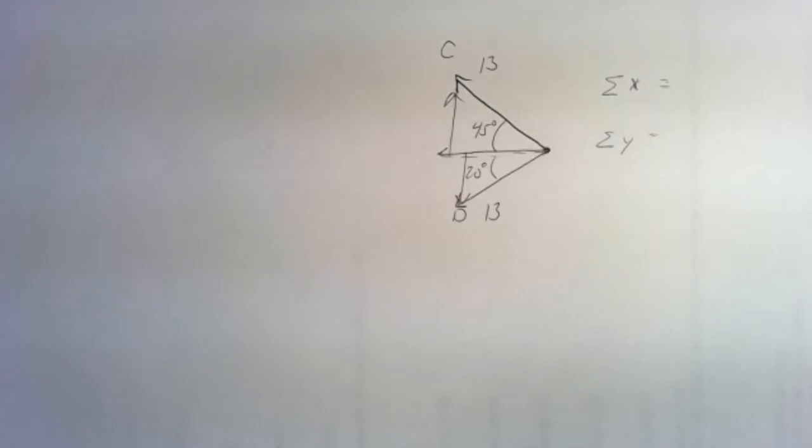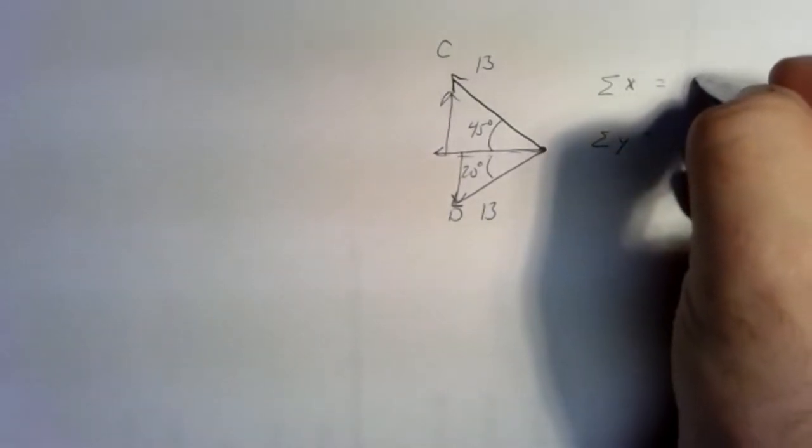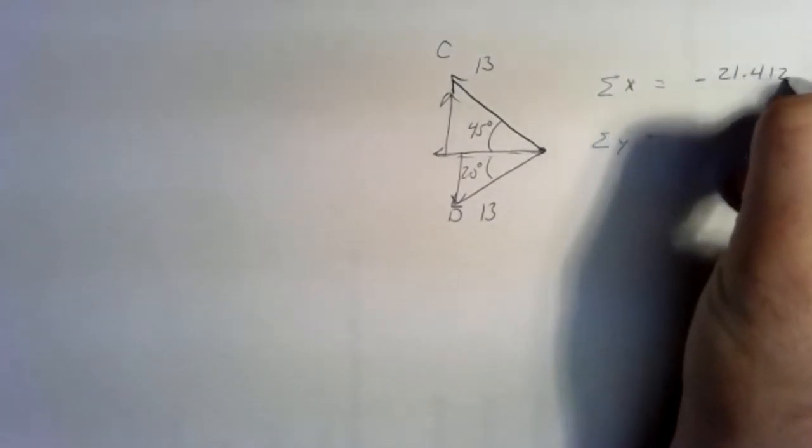Let me just pull up the solutions here, which will be posted tomorrow. There we go. All right. So for F, when you do your sum in the x direction, you'll get negative 21.412.